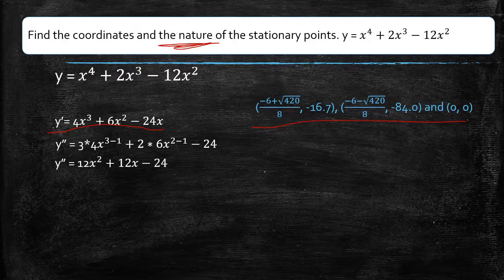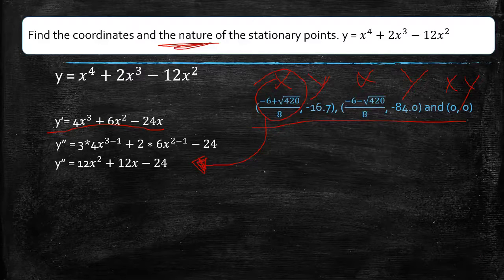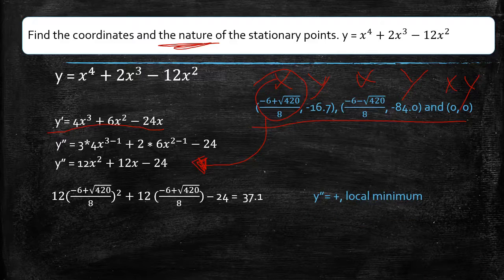And then what you want to do is take into consideration your stationary points, and you're going to substitute your x coordinate into your second derivative, and then you're going to find that the second derivative is positive for -6 plus the square root of 420 over 8.